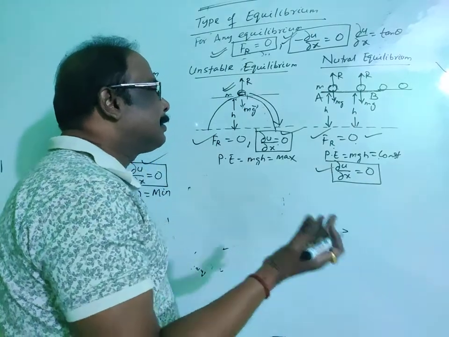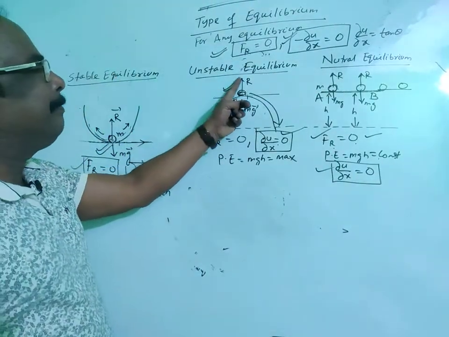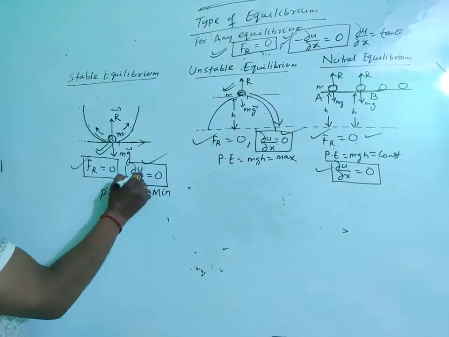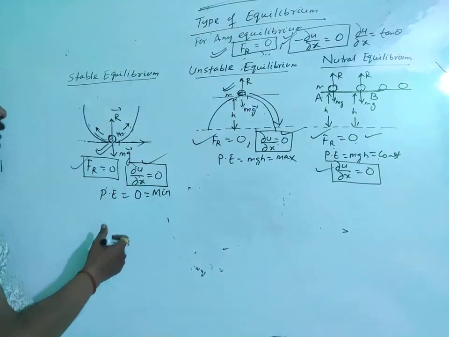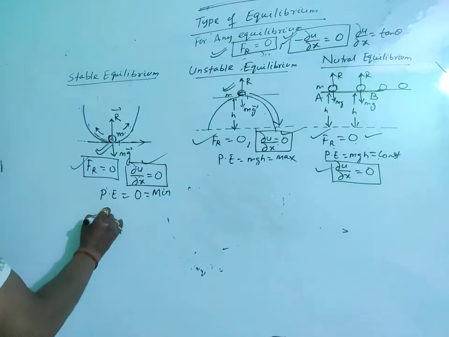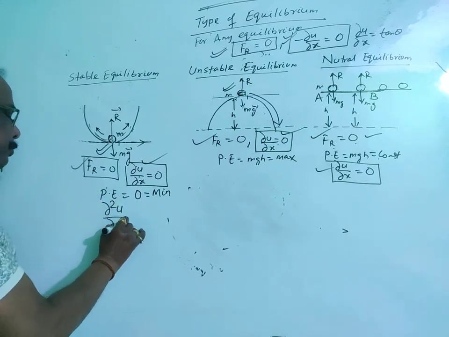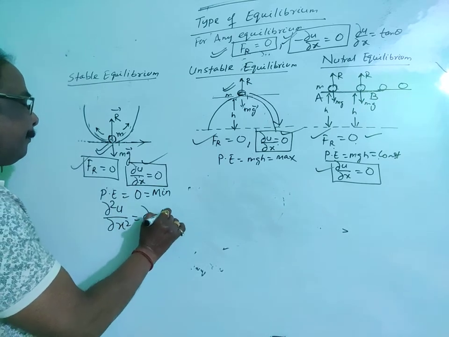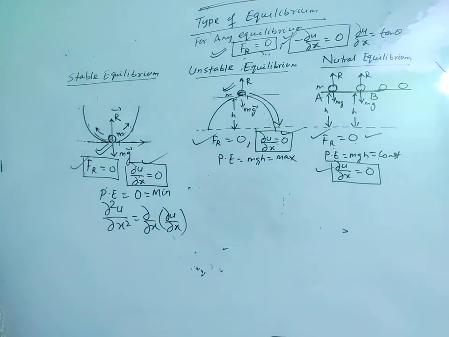Then what are the conditions for stable, unstable and neutral equilibrium? See, here du by dx is 0. This is a partial derivative. Then d square u by dx square means d by dx of du by dx, a double differentiation.